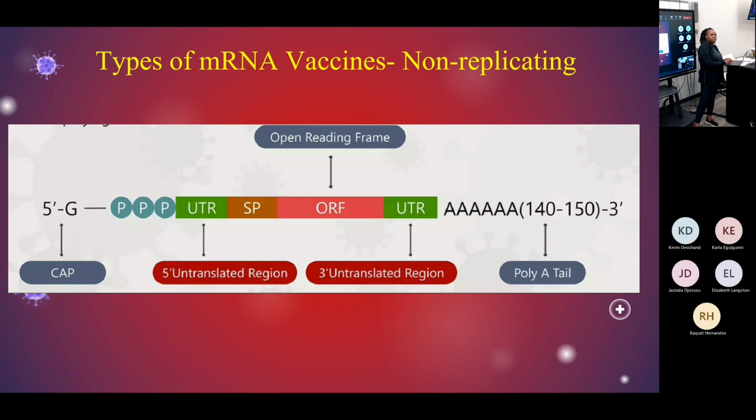And so what are the different types of mRNA vaccines? So we have non-replicating, which are based on recombinant viral vectors. So they have a 3' translated region, targeted antigen sequence in a 5' translated region, and they host immune response without replicating in the host cells.